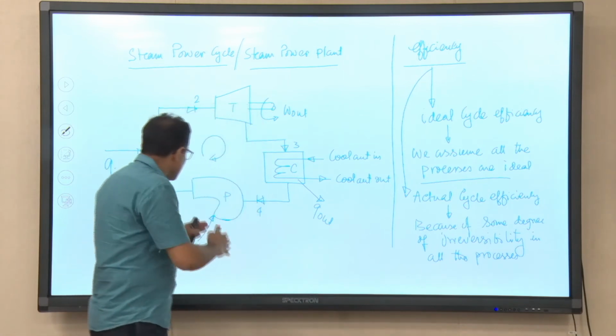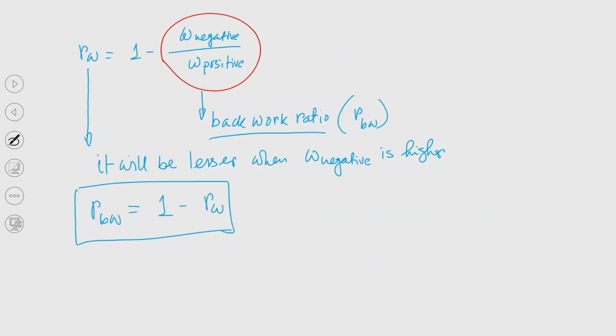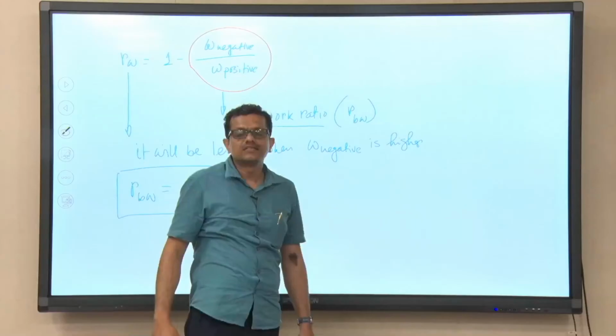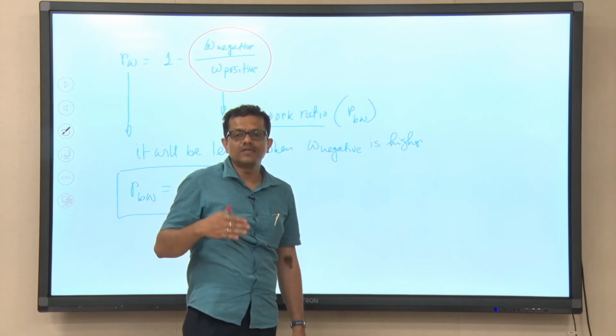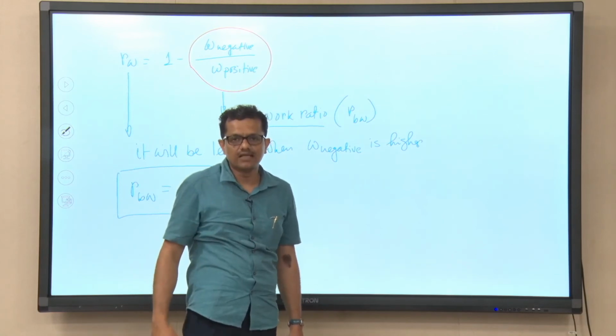So, W in, W negative, will definitely be a significant part of the positive work when the degree of irreversibility associated with the pumping process is very high.